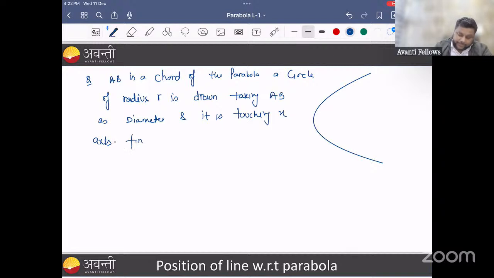Find the slope of chord AB. And definitely your parabola given to you is y square equals 4ax.